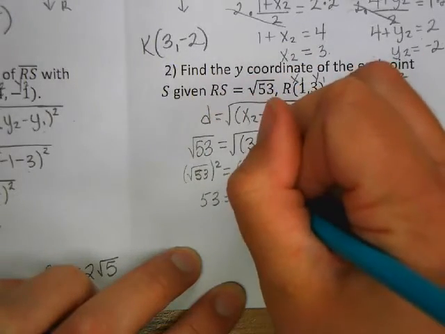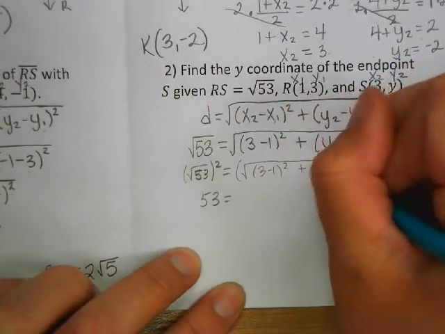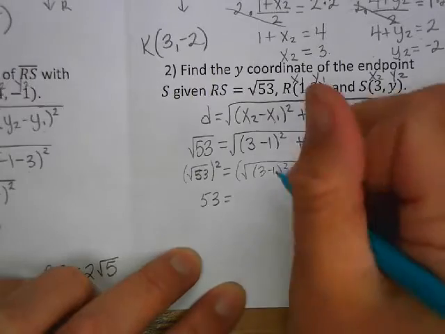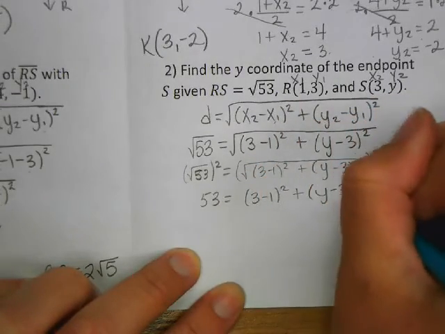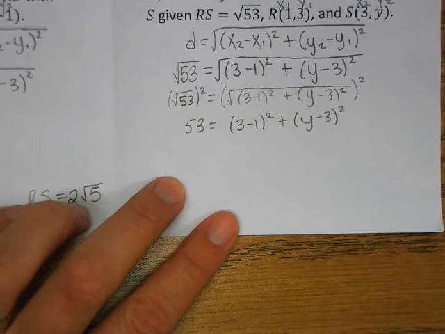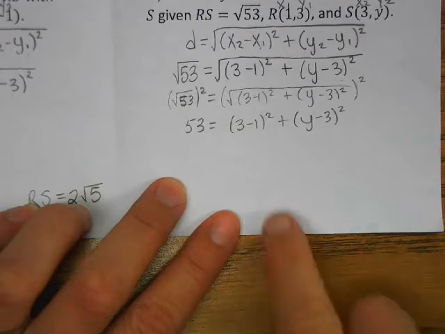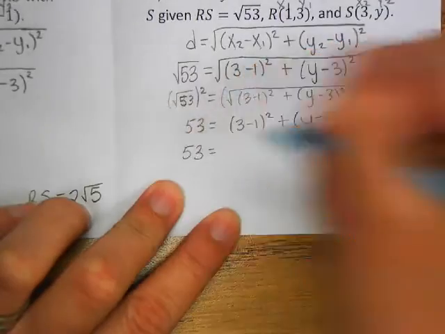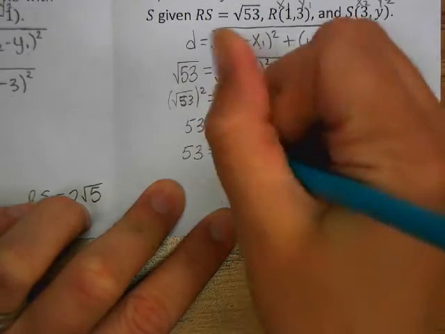And if you take the right side and square it, you are just left with what's inside the square root symbol. So you can get rid of those square roots by just squaring both sides, and it looks a little bit nicer. So now I'm going to simplify the right-hand side. I'm going to leave the left alone for right now. So 3 minus 1 is 2, and 2 squared is 4.